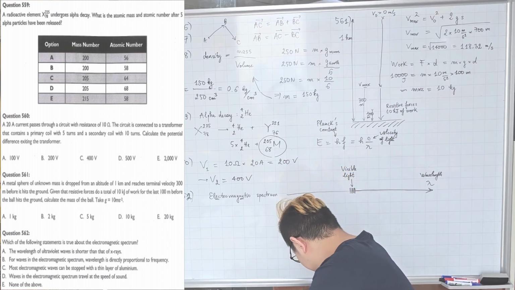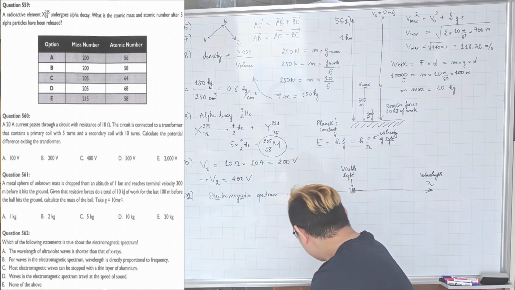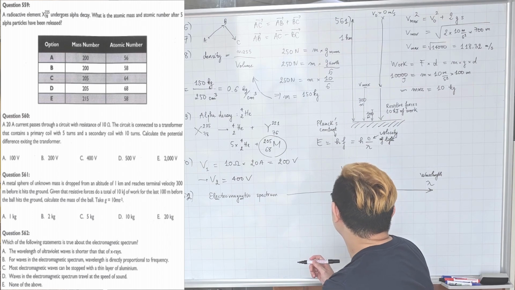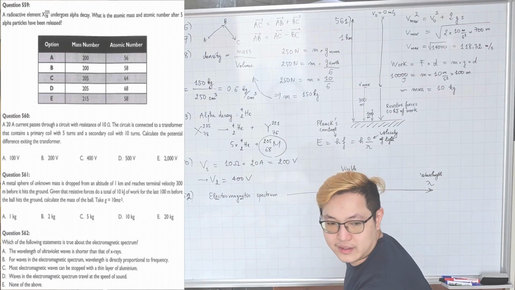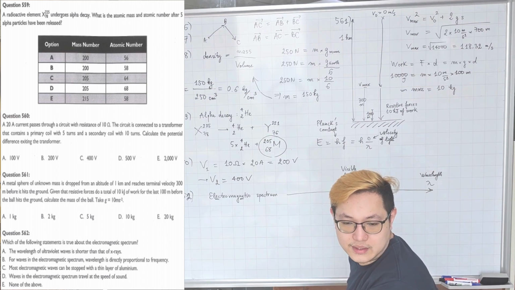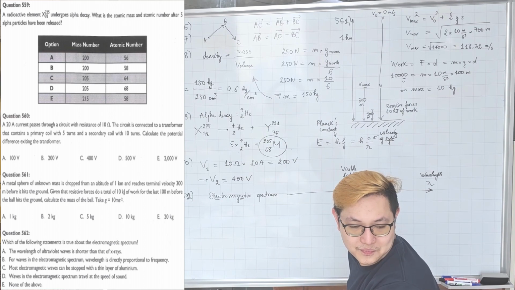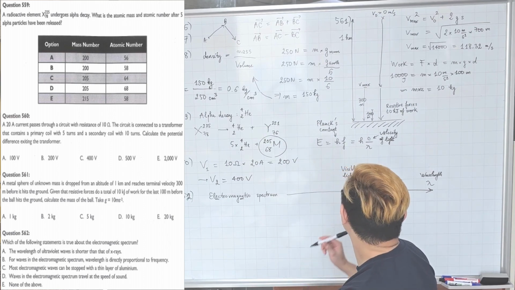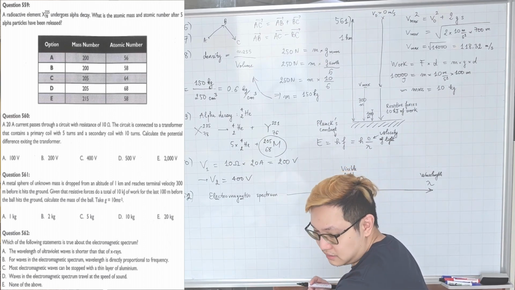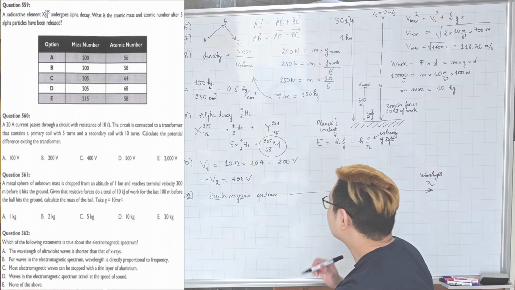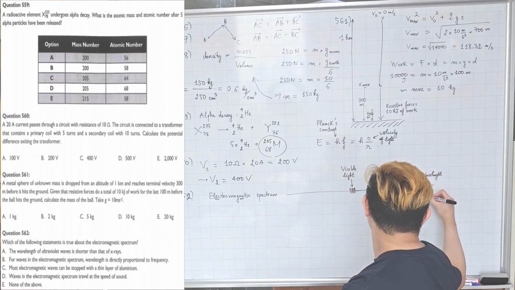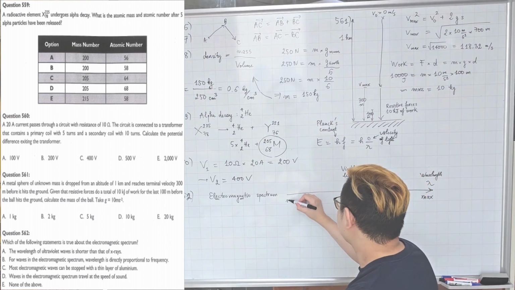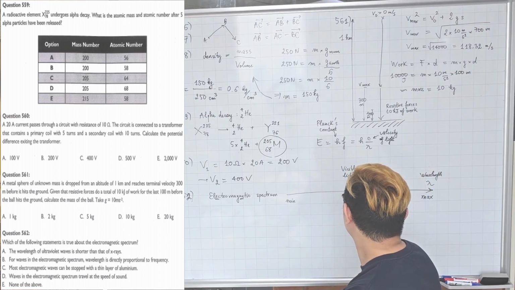So UV light has more energy than infrared, right? It means UV light has a shorter wavelength than infrared.